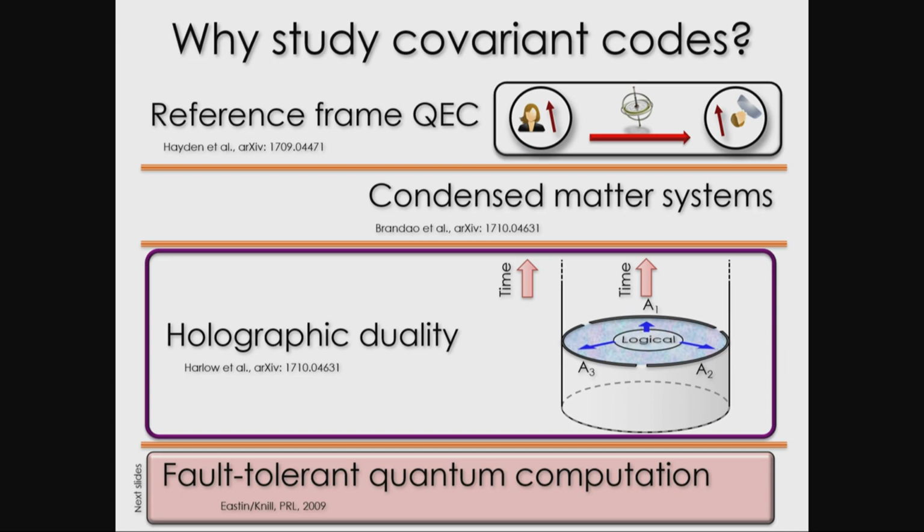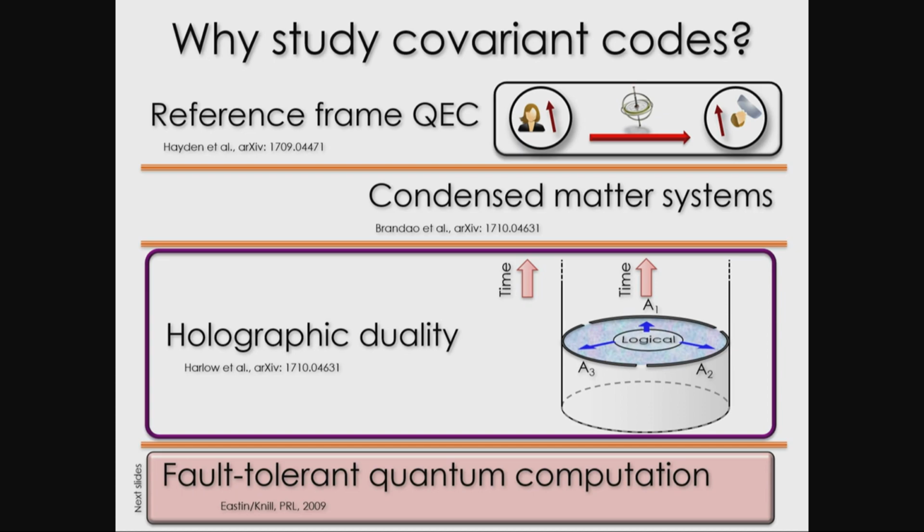Another prime example is holographic duality, where you have a gravitational system in the bulk, which is dual to a conformal field theory, a non-gravitational system, on the boundary of this space-time. By this duality, we mean there is a mapping that maps whatever happens in the gravitational bulk to the boundary. It was importantly observed that this mapping itself is an erasure correcting code. Again, this type of code is covariant with respect to the time translation symmetry.